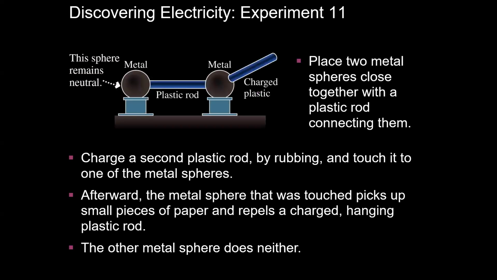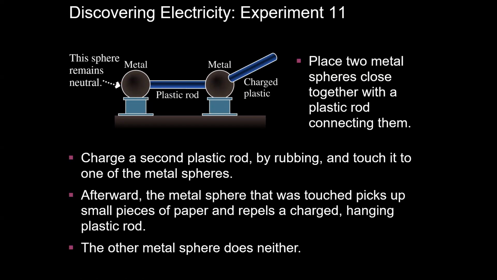Okay, and here's the last pair of experiments that show that there are different types of materials. In this first one, we have the two metal balls on their little perfectly insulating stands, and a connector between them. It looks like a plastic rod connecting them.